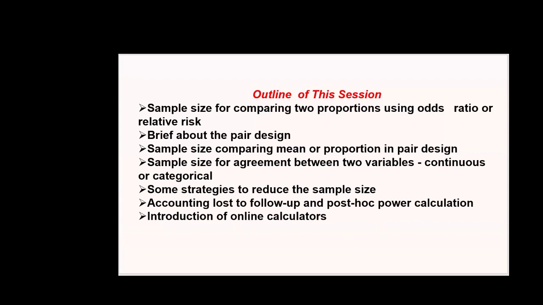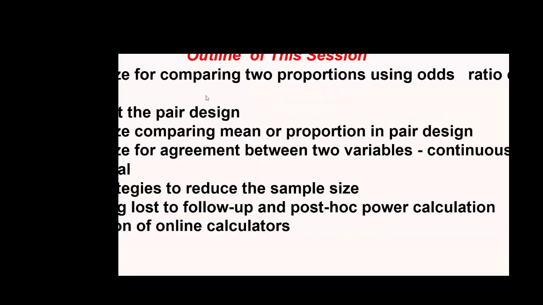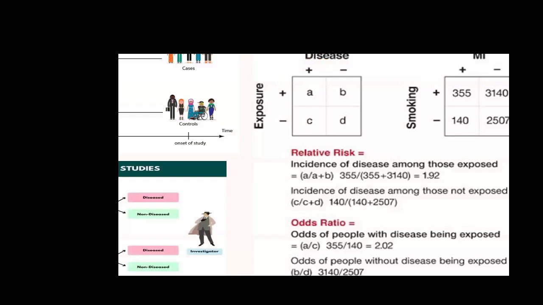explain about the case control design for calculating the sample size based on the odds ratio. We use the study design as a case control. Now in case control, you all know about it, but I am just describing a recap.